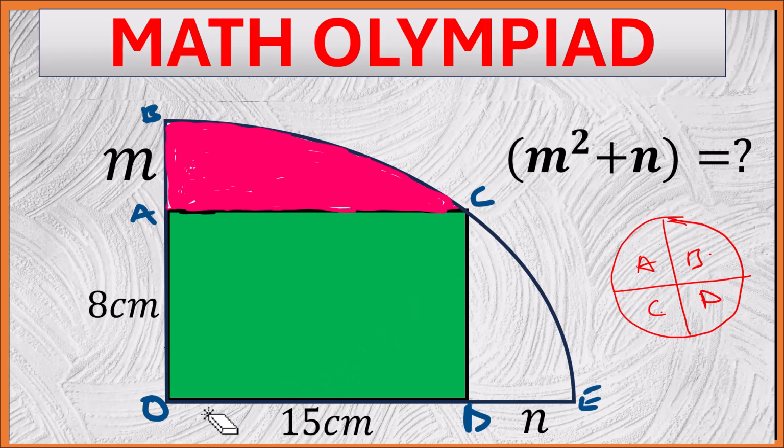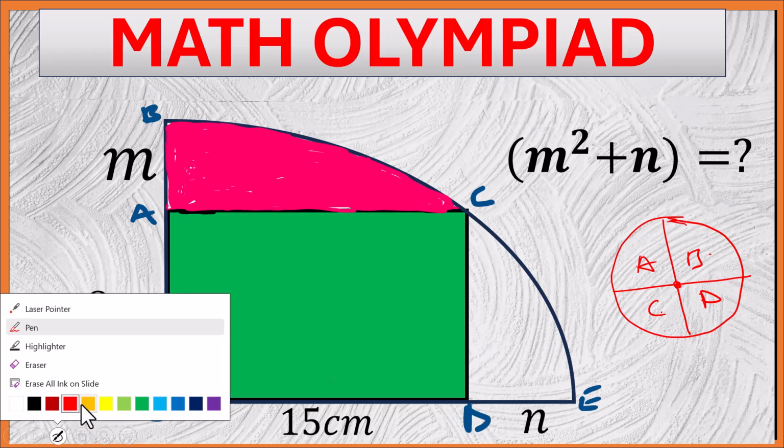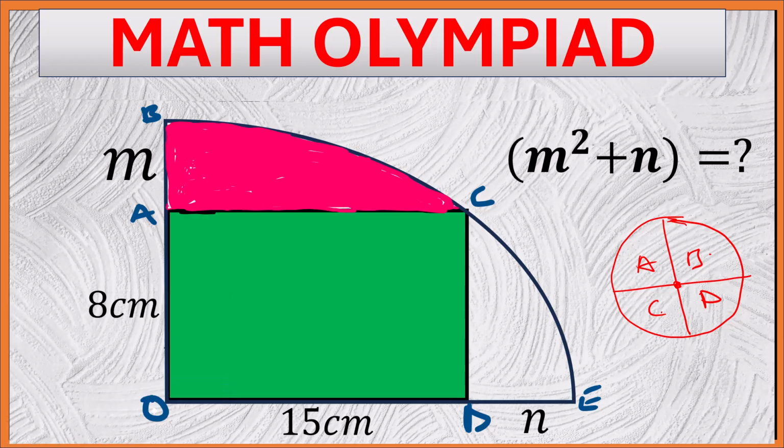Now, let's be careful here. From the center to any part of the circumference is called the radius. Now, we can spot the radius here. OC, from O to C, if I draw a line here, we have a radius.